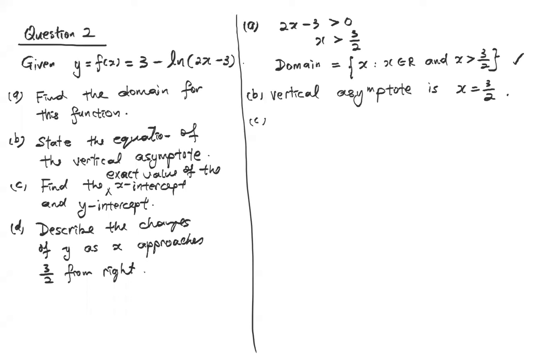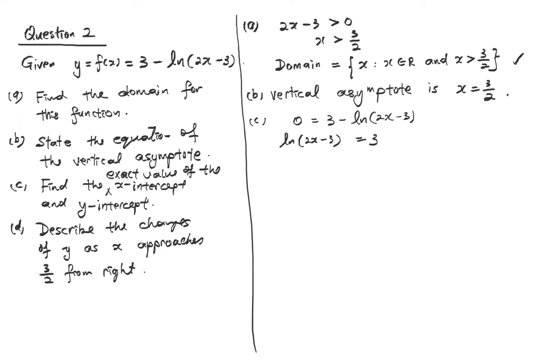So let's do the x-intercept first. Put y equal to 0. Bring the ln over. Okay, left-hand side, a single ln, right-hand side is a number.